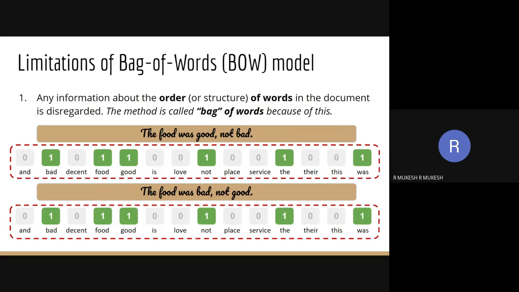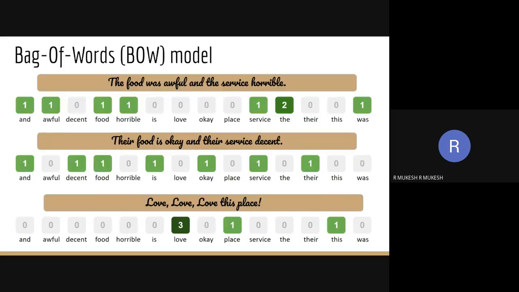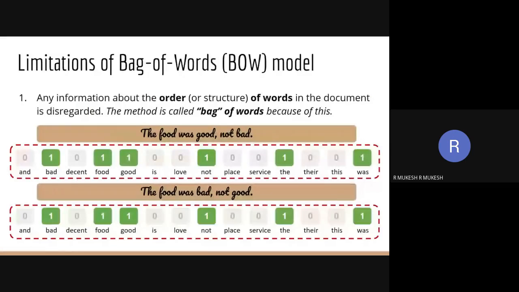Now, there is a particular problem in the name itself. It's called a bag of words, or a set of words. The problem with this approach is that any information about the ordering of words is lost. To understand that, let's consider these sentences. The food was great, not bad. And let's consider the second sentence: the food was bad, not great.